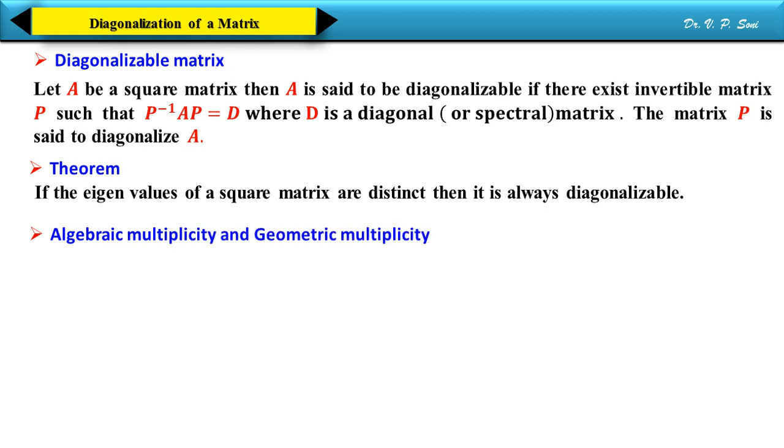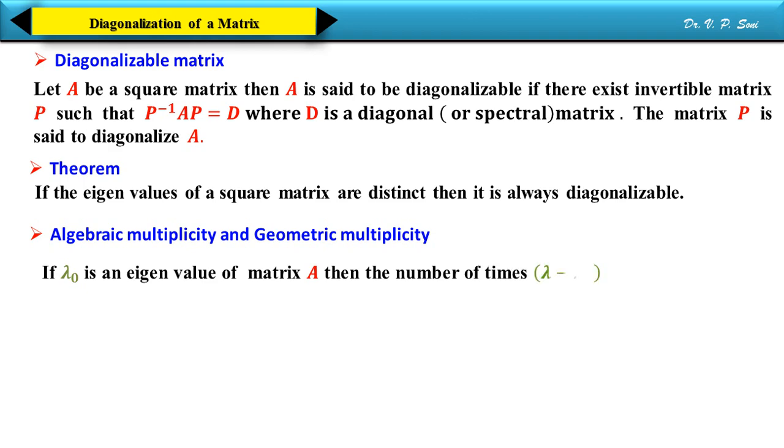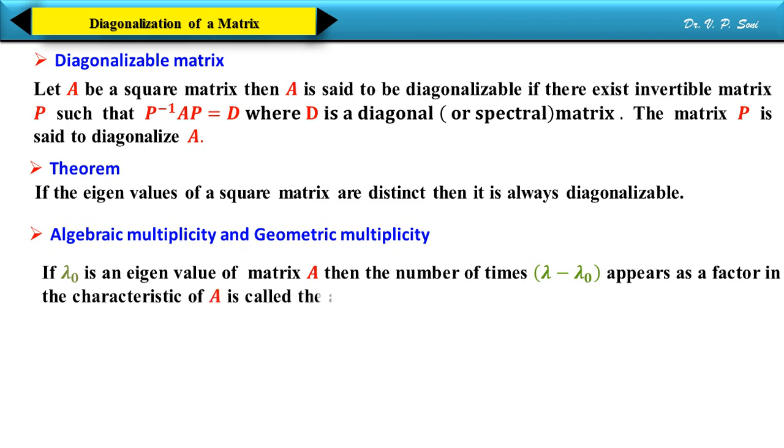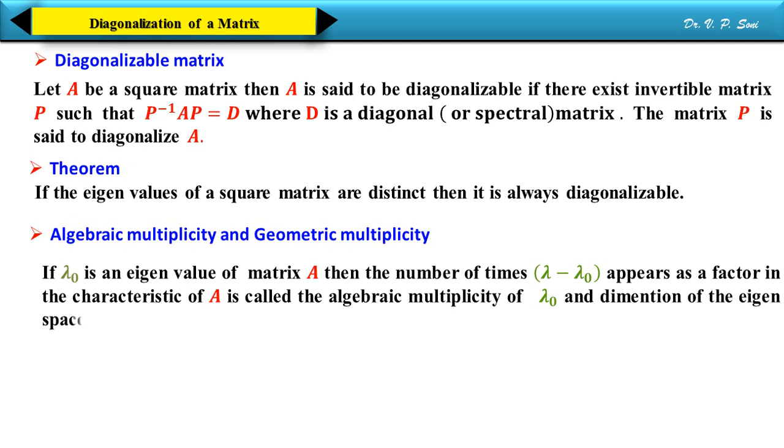If lambda 0 is the eigenvalue of a square matrix A, then the number of times lambda minus 0 appears as a factor in the characteristic equation of A is called the algebraic multiplicity of lambda 0, and the dimension of the eigenspace corresponding to eigenvalue lambda 0 is called the geometric multiplicity of lambda 0.